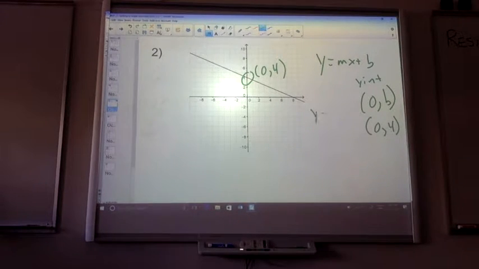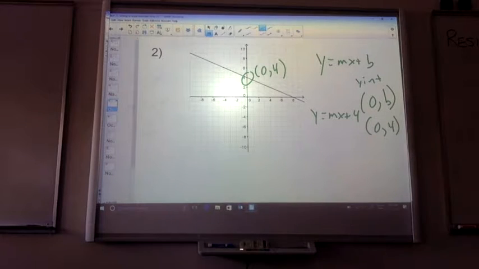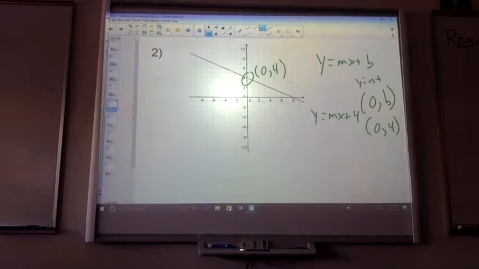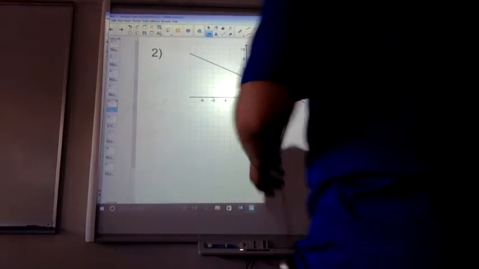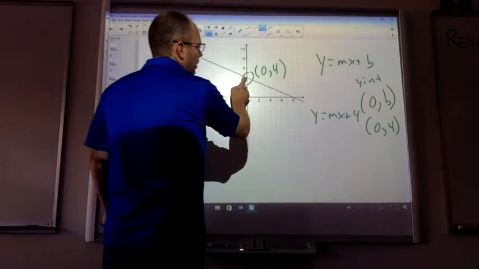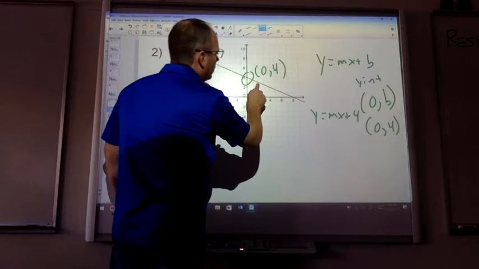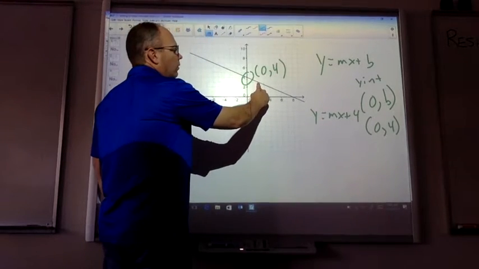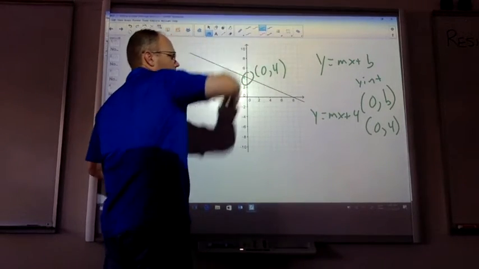So right now I know y equals mx plus 4. Agreed? Now I'm showing you every step. Are there certain steps you'll be able to skip? Yes. I'm just showing you every step so you can see the thought process. So this is definitely a point right here, and I'd say this is also a point. What point does this one appear to be?